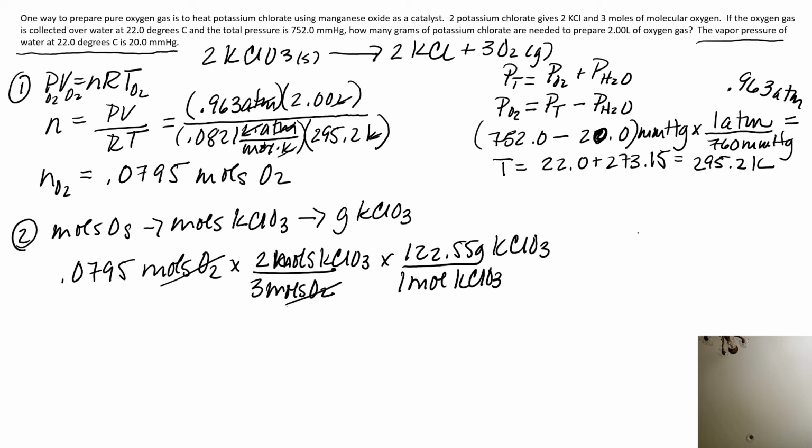Moles O2 cancel, moles KClO3 cancel, and the number of grams of KClO3 to 3 sig figs required is 6.50 grams.